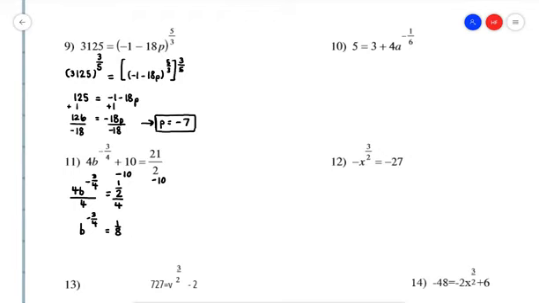And now you can raise everything to the reciprocal power. Make sure the negative stays so that we can get rid of it in our answer. And we have b is equal to 1/8 raised to the negative 4/3 power, which is 16.